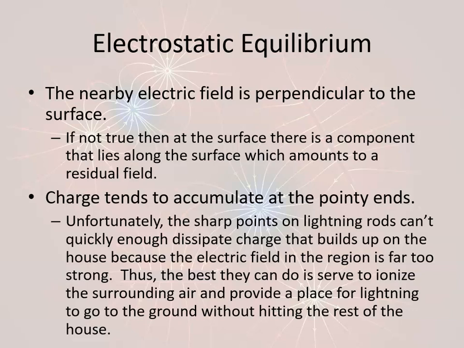So that's something to keep in mind, because there is that popular misconception that you need those pointy ends on lightning rods in order to discharge the electricity from the house. I've seen this misconception in a number of physics textbooks. But the discharge happens way too slowly compared with the rate at which the charge is building up when there's a thunderstorm nearby.